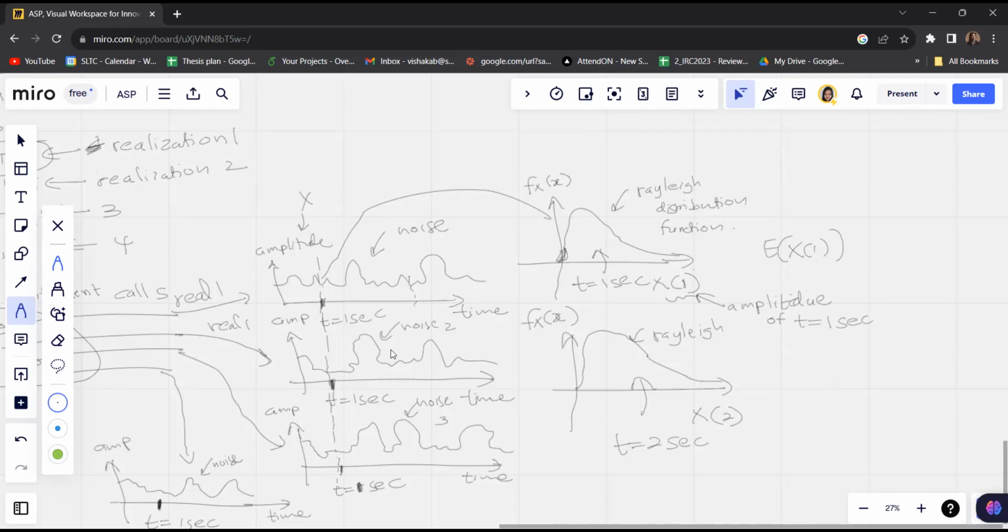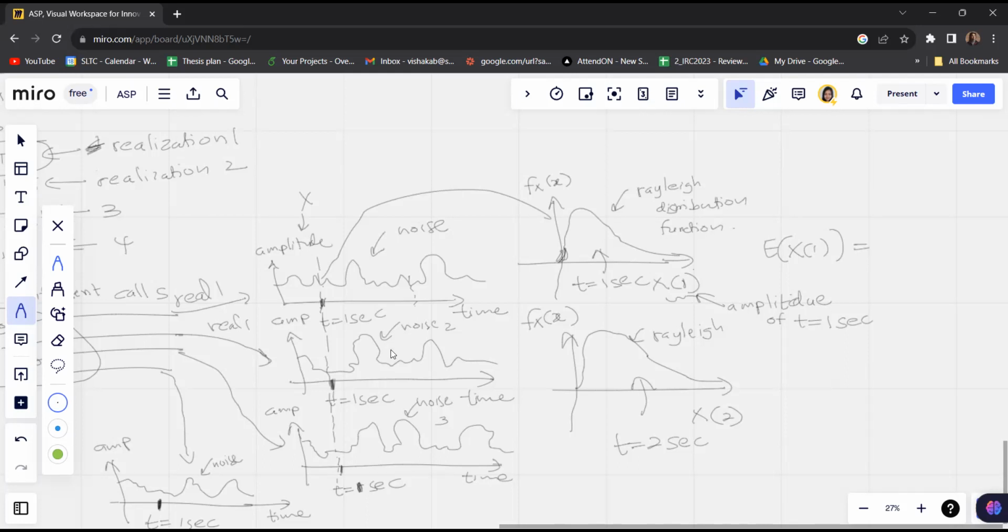Let's assume there are three different realizations. For these three realizations, I will compute the amplitude. And then by using the distribution it follows, I can denote its distribution. And in order for me to find the expectation, I will take the average of all those amplitudes in these three realizations.